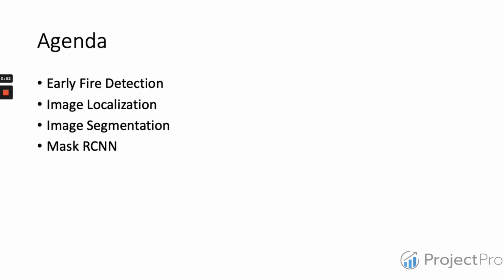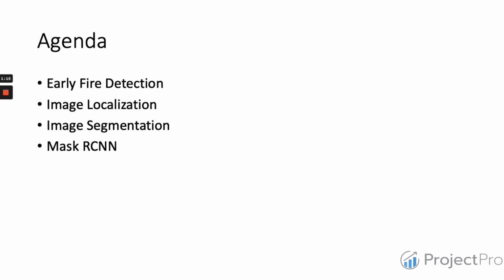Image localization will give you the exact coordinates of where this particular fire is located. Image segmentation basically tells you the path of the fire, or the area which has been affected a lot. So image segmentation is where we segment these things out.